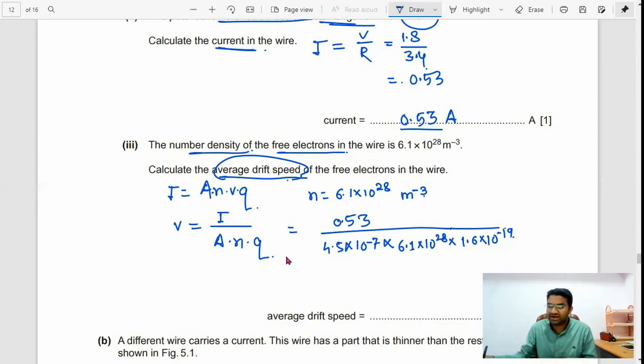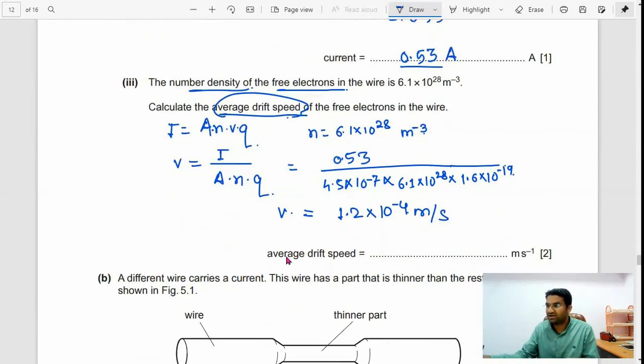So you will get around 1.2 times 10 raised to negative 4 meter per second. Okay, this is the velocity, the average speed, 1.2 times 10 raised to negative 4. Got it?